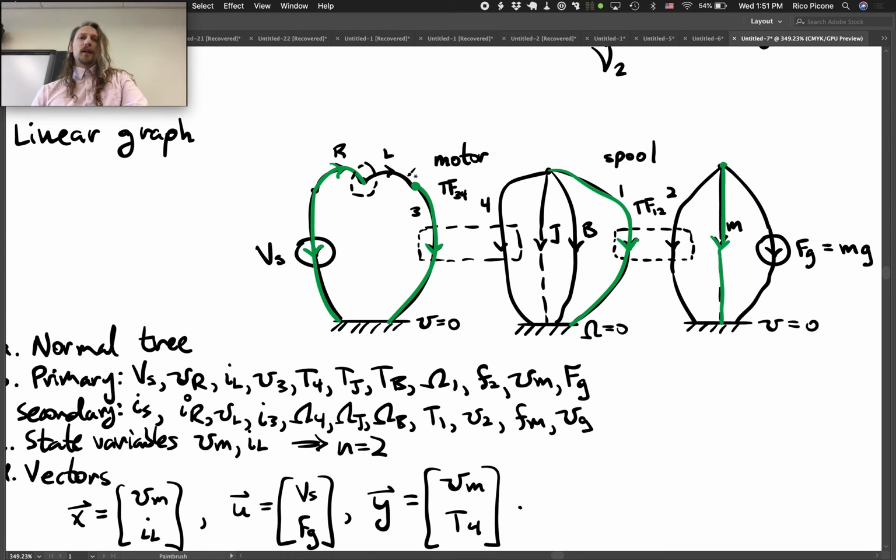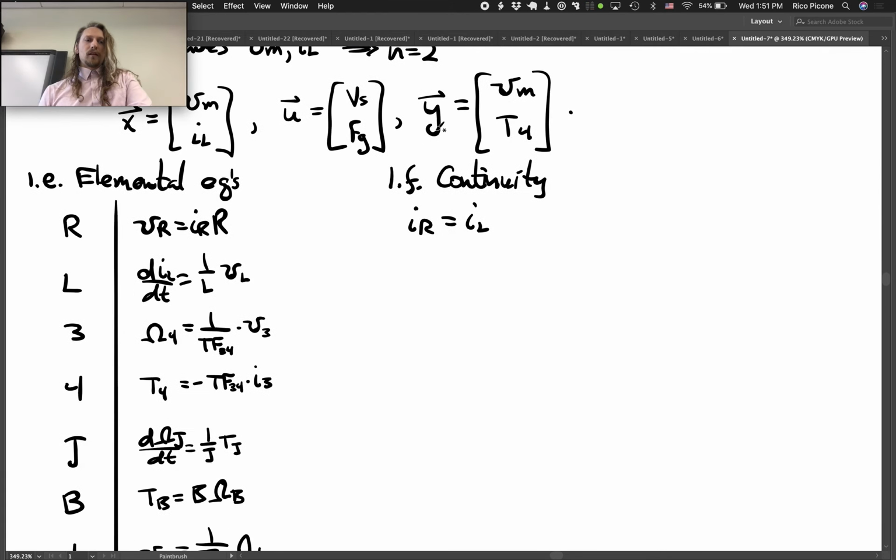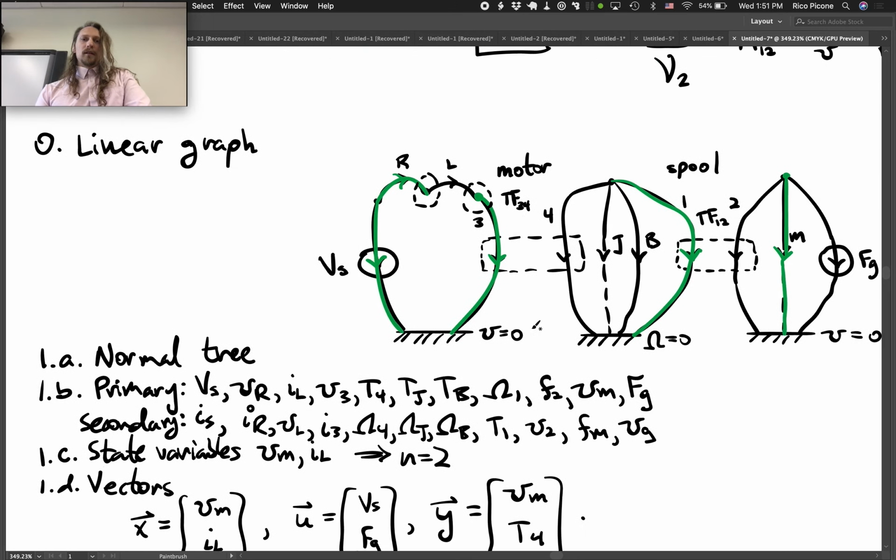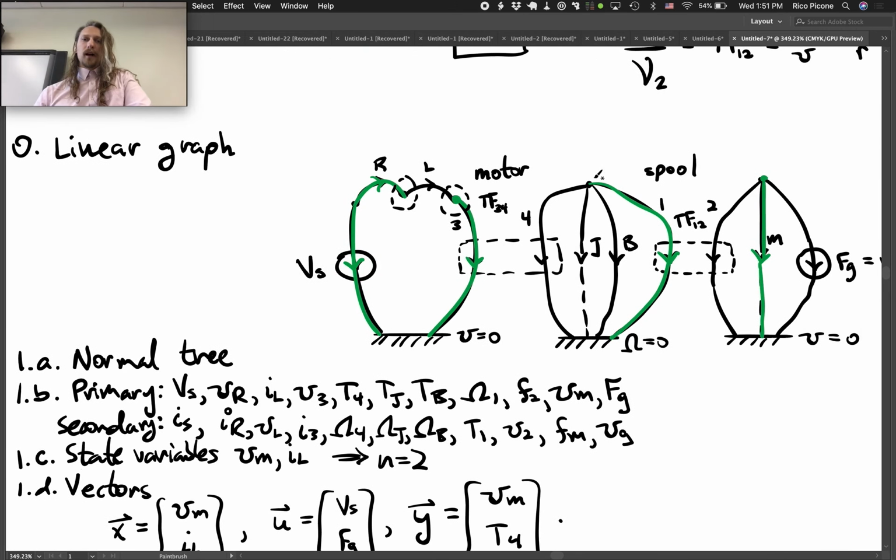So 3 here is the next one, and it tells us that I3 equals IL. And here we've got the torque 1 leaving the contour, so that's equal to everything going into the contour, which actually, everything's going out of the contour, so they're all negative on the other side of the equation.